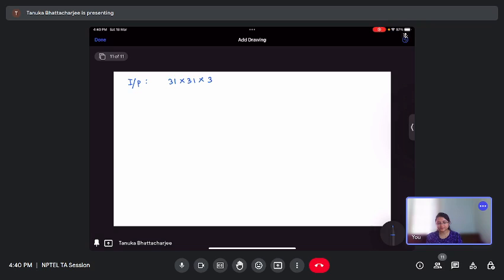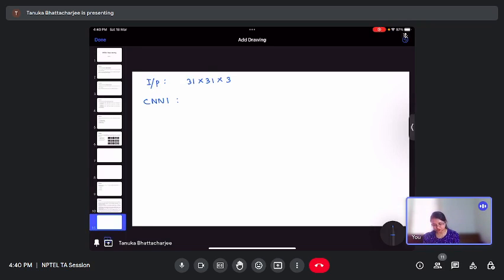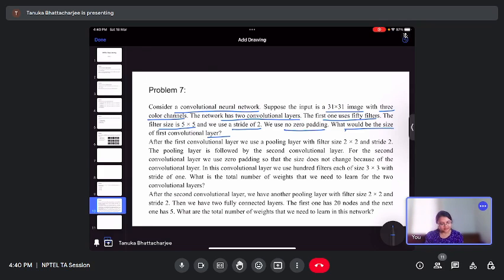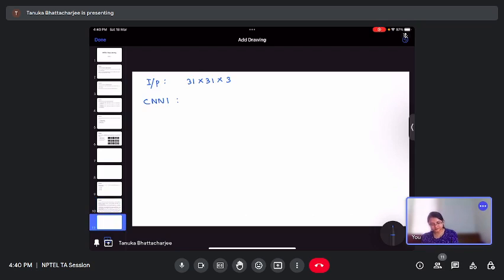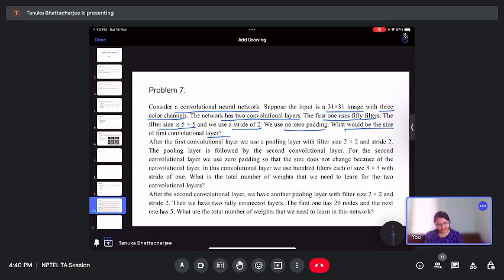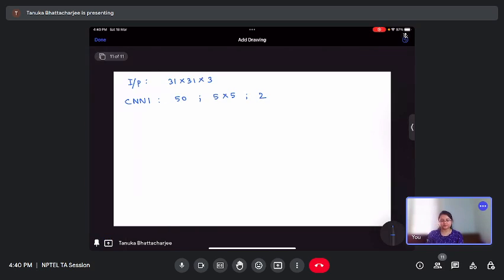Now we are passing this through one convolutional layer, the first layer, that has 50 filters. Filter size is 5 cross 5 and stride is 2, and there is no zero padding done. We want to know the output shape.